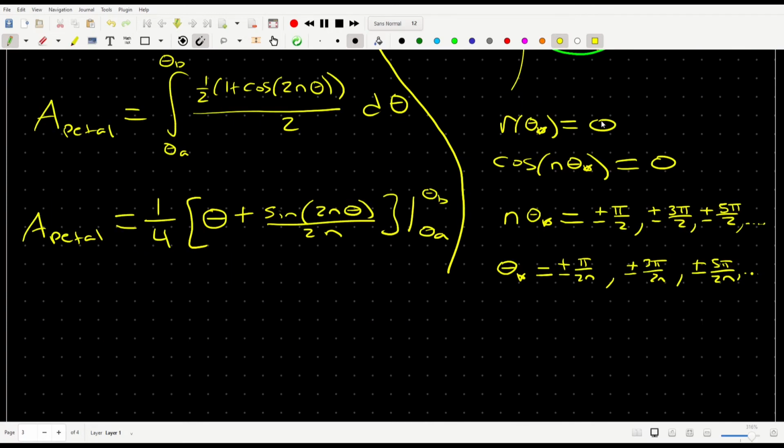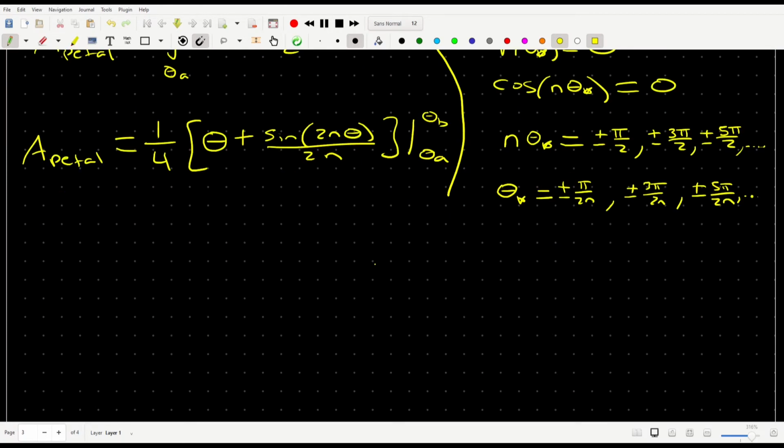We've essentially gone through and solved for all of the values of theta for which cosine of n theta equals 0, which is all of the values of theta for which the radius is 0, or all of the values of theta for which the curve crosses the origin, because it has to loop back if r is 0. Whenever r is 0, it has to cross through the origin. So this is what all these values of theta are that we just solved for.